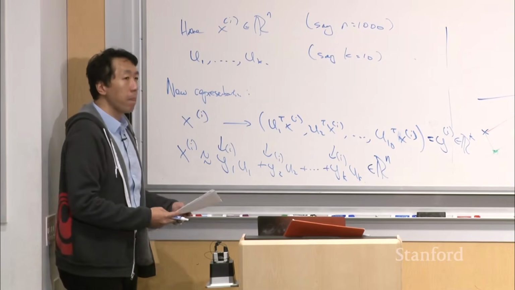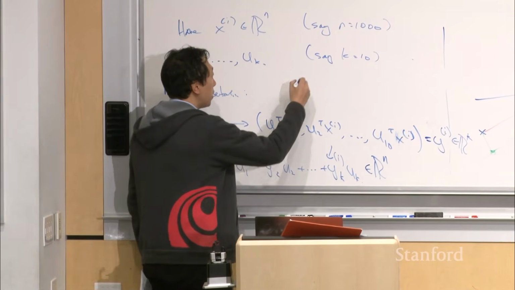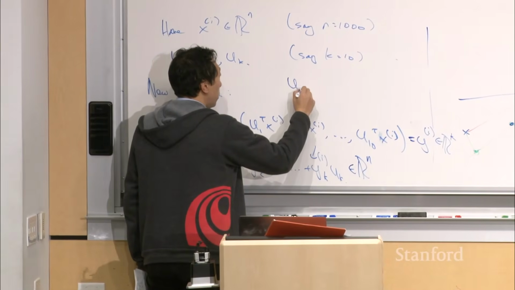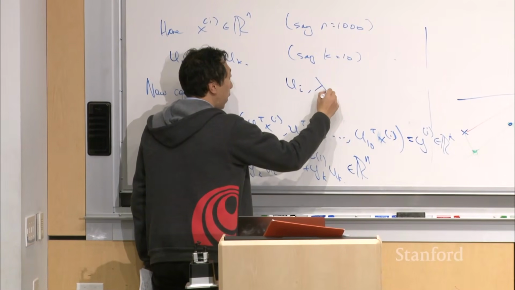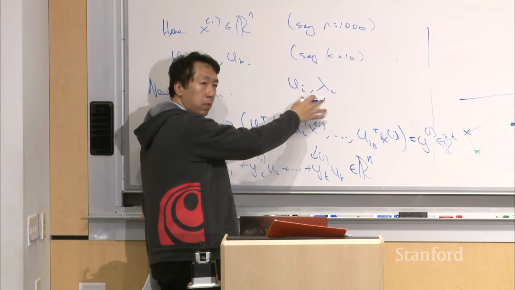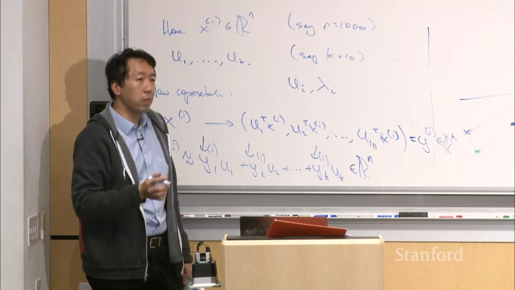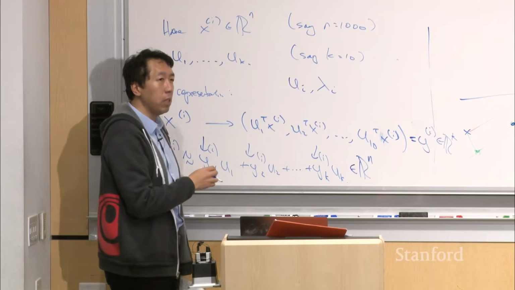Everyone wants to be the top 10. Right. So each eigenvector, ui, is paired with an eigenvalue, lambda i. So you pick the eigenvectors corresponding to the biggest eigenvalues. And then the other question is, how do you decide how many eigenvectors to keep? Let me come back to that in a second.